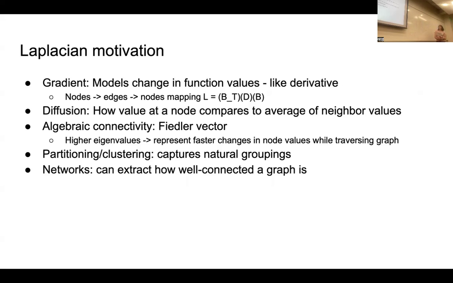In terms of the Laplacian, the second smallest eigenvalue, lambda 2, the eigenvector associated with this value is called the Fiedler vector. This basically represents algebraic connectivity, so how connected the graph is.